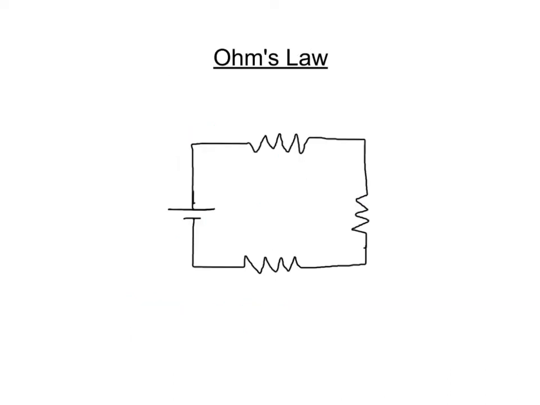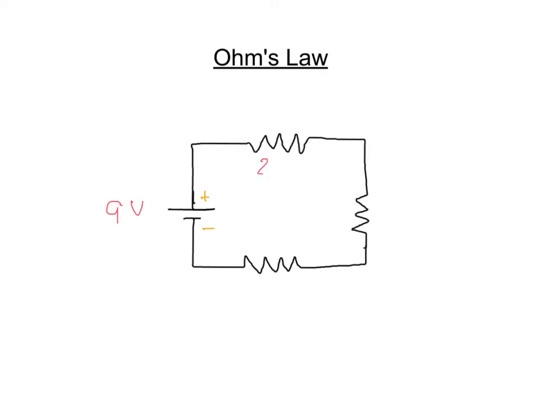Okay, let's talk about how we analyze a circuit. We're going to use something called Ohm's law. Again, here's my battery, positive side, negative side. I'm going to give these some actual values. I'm going to call my battery a 9-volt battery, so the voltage is 9 volts.